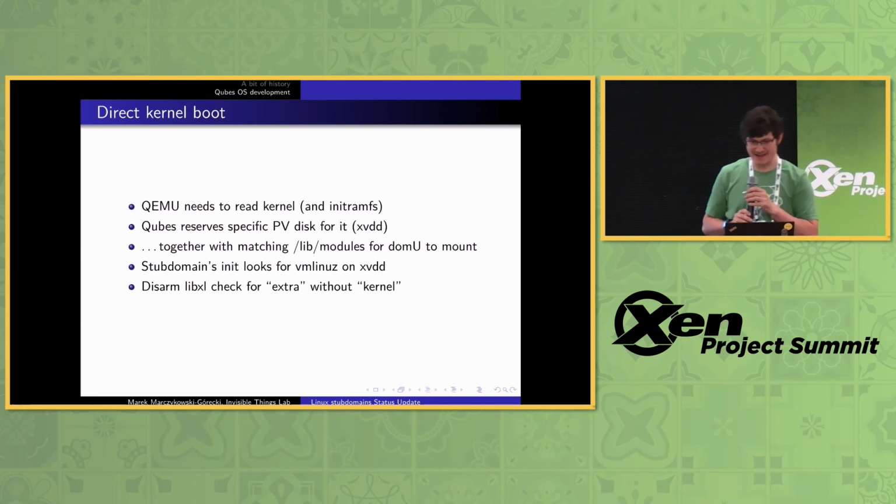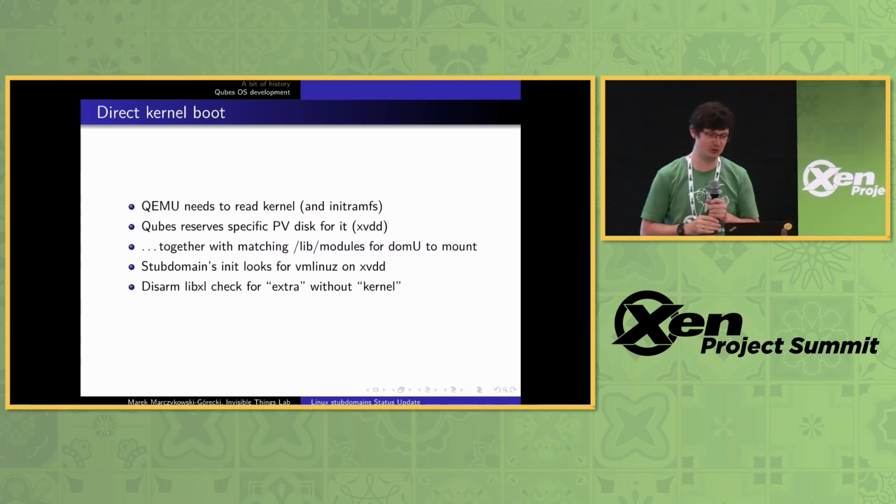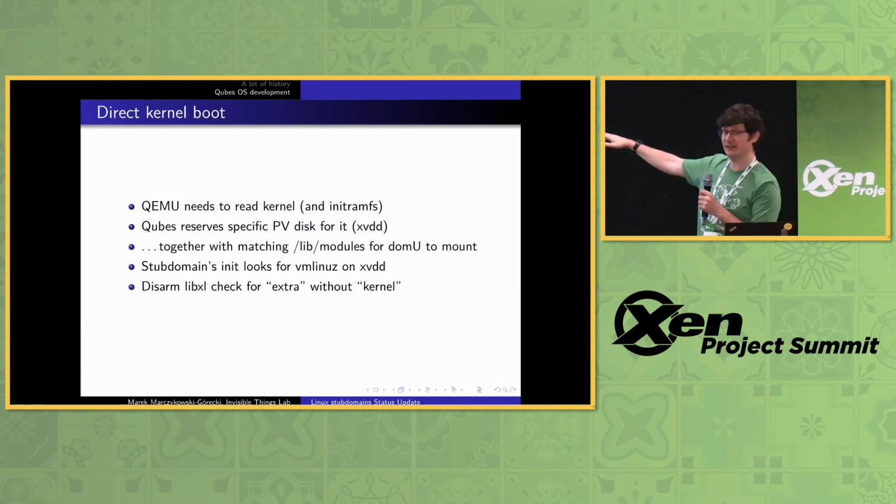Okay, so we have an extra PV disk to hold the kernel file, maybe the initramfs file for the guest to run, and also the modules matching this kernel for the domU to mount. Remember the PV disks are exactly the same for the stubdomain and the actual domU.